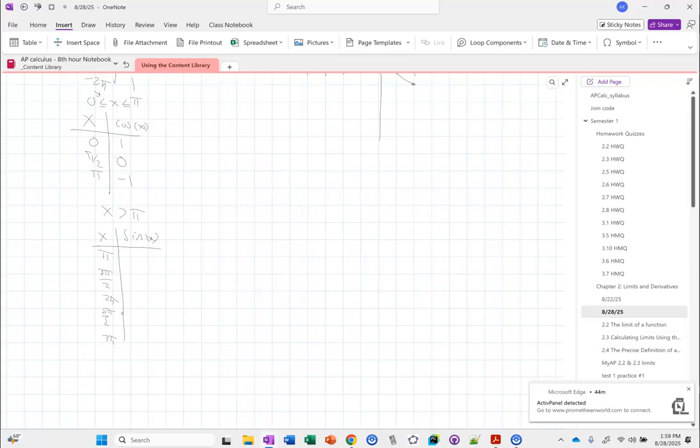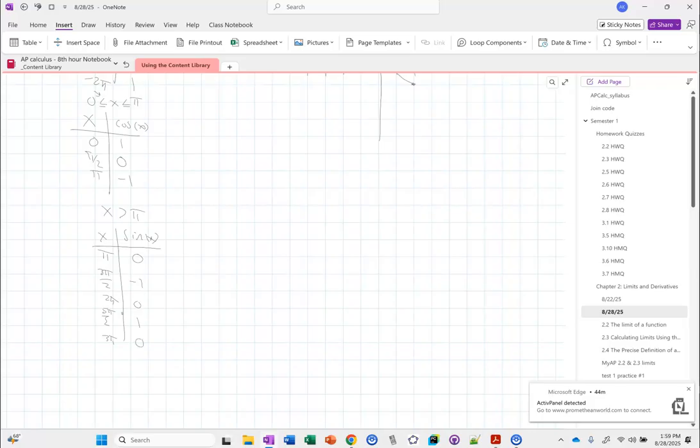So sine of pi is going to be 0. How do you know? Sine of 3 pi over 2 is going to be negative 1. 2 pi, 0. 5 pi over 2, positive 1, because remember, that's pointing up, positive y coordinate.